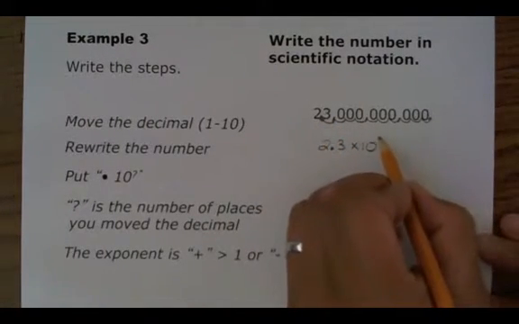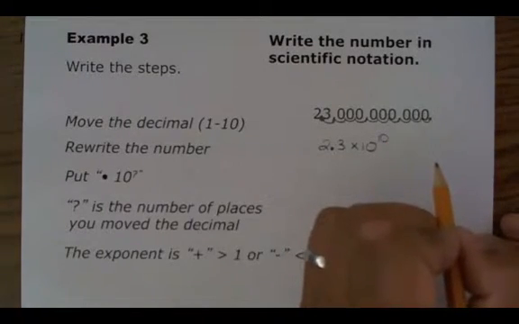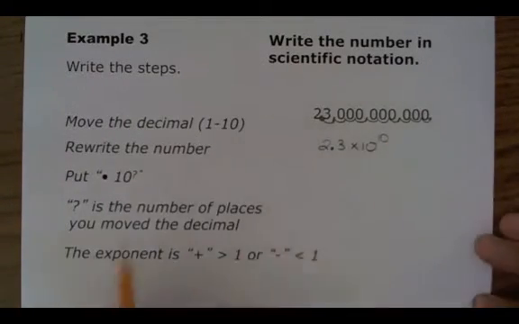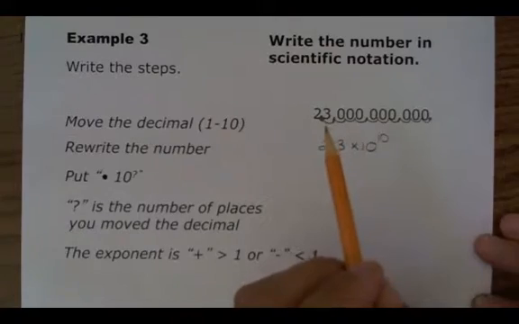So my exponent is going to be 10, and now I have to check whether it should be a positive 10 or a negative 10. If the exponent is positive, the number that we start with will be greater than 1. And in this case, 23 billion is large.